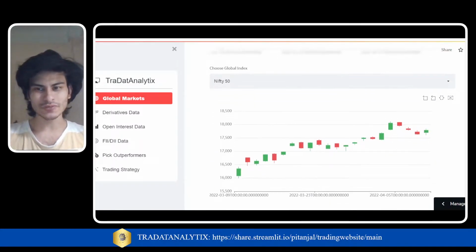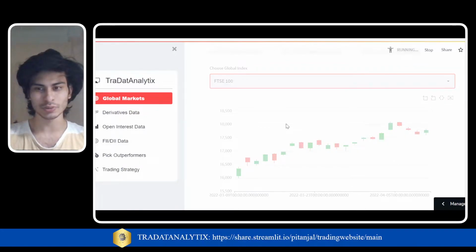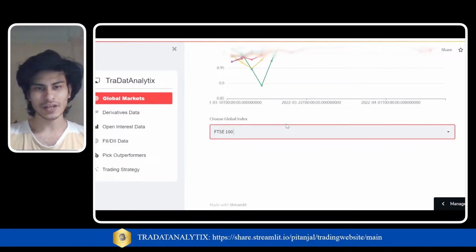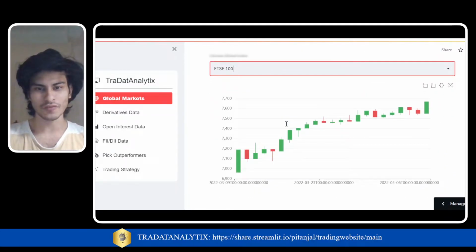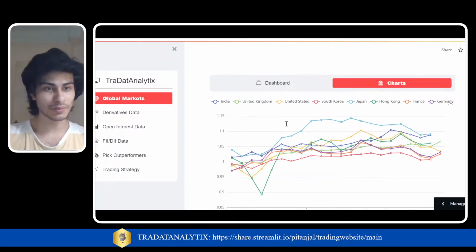Next, we have a simple candlestick chart. You can select any of the global indices and you get the candlestick chart, which helps you get a quick overview of the trend in that particular global index. So this is the global market section.